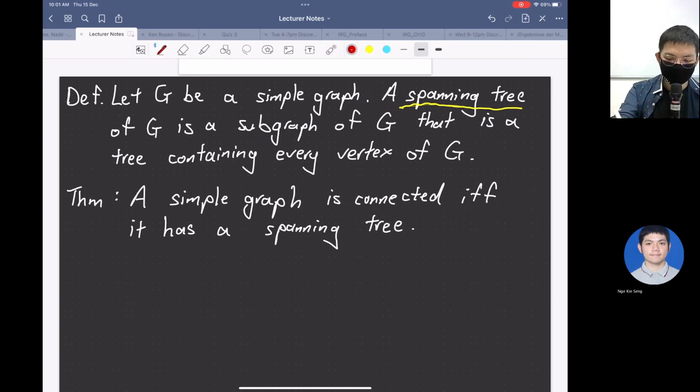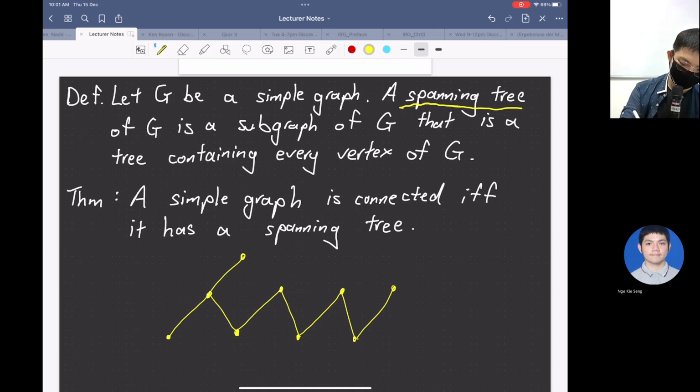For example, you start with a simple graph. A spanning tree is a subgraph of the graph that is a tree and contains every vertex of G.